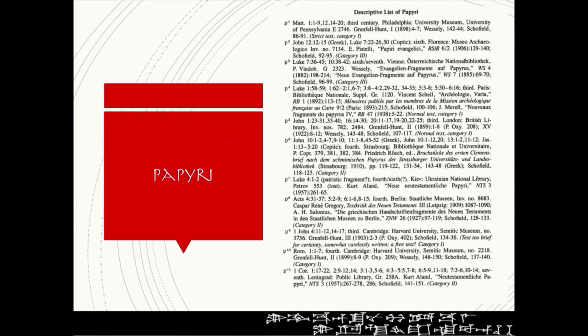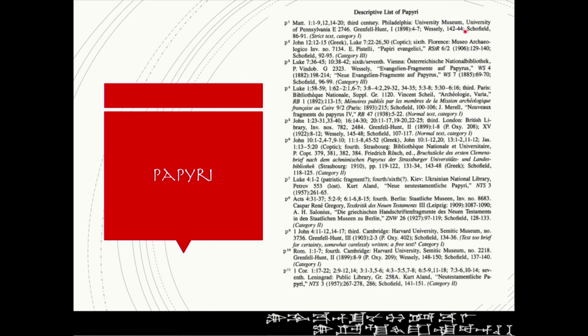In his descriptive list of the papyri, he has the papyri listed P1, P2, P3 in that order. And he tells you that Papyrus 1 contains Matthew 1, 1 to 9, 12, 14 to 20. It's a 3rd century manuscript, and it's housed in Philadelphia in the University Museum in Pennsylvania.